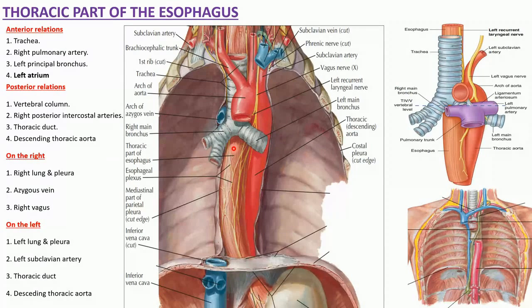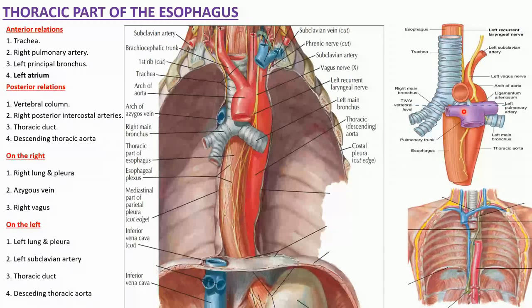There are quite many structures in close proximity to this thoracic part of the esophagus. You can see anteriorly, of course, we have the trachea, the right pulmonary artery, that is your pulmonary trunk.